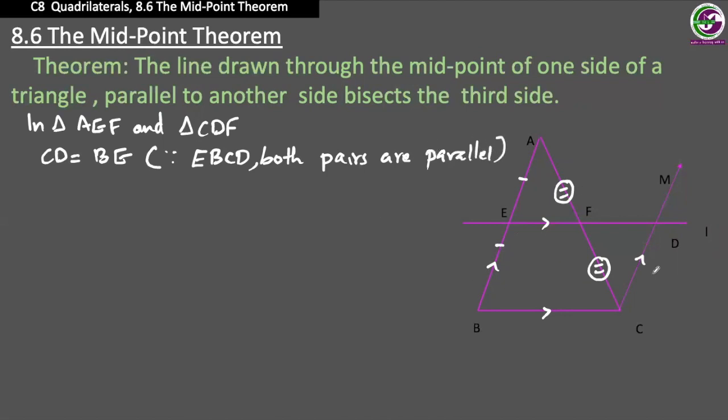So because this is a parallelogram, we have opposite sides are equal. So we get one side now between these two triangles. Now angle AFE equals angle CFD, vertically opposite angles.